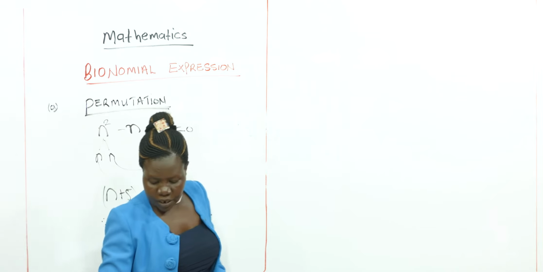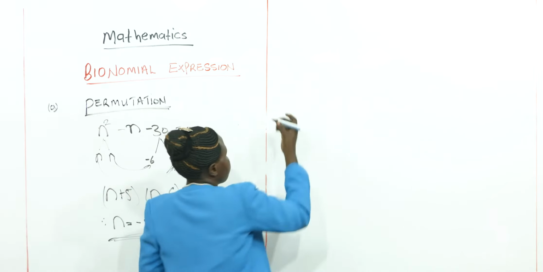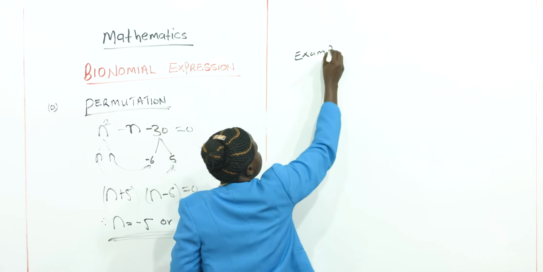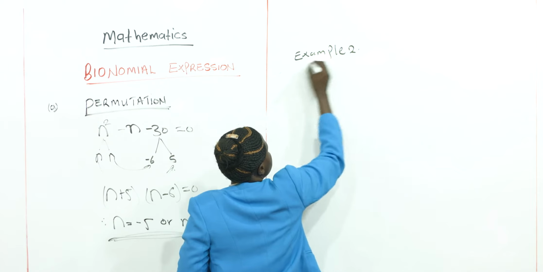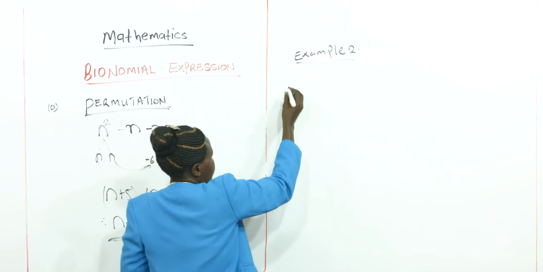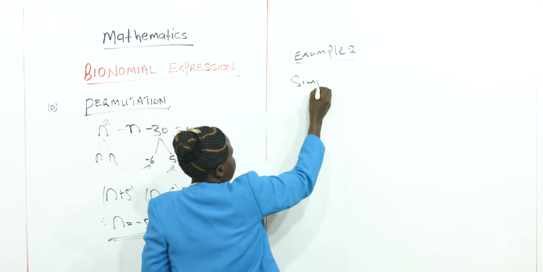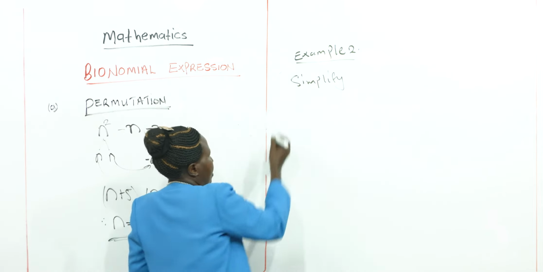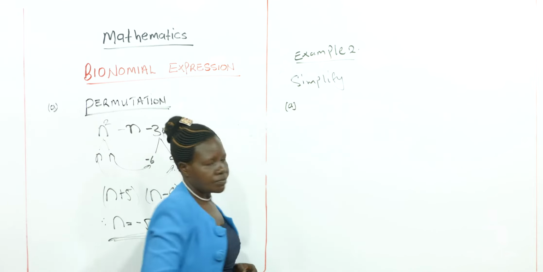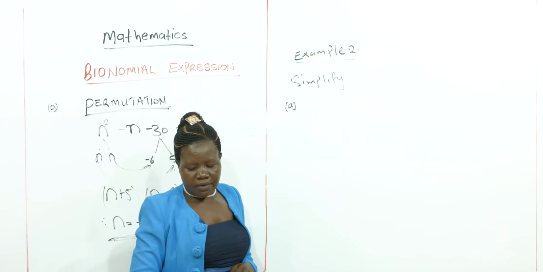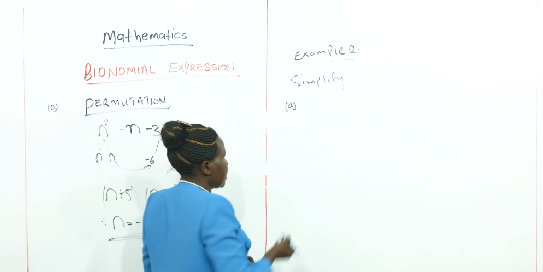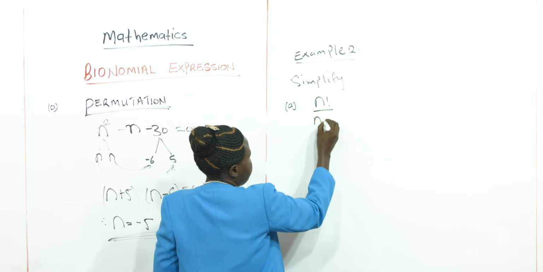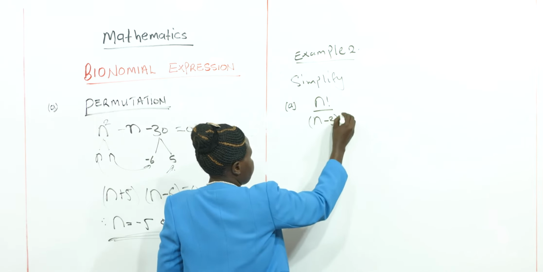So they will say simplify: a, n factorial over n minus 3 factorial.